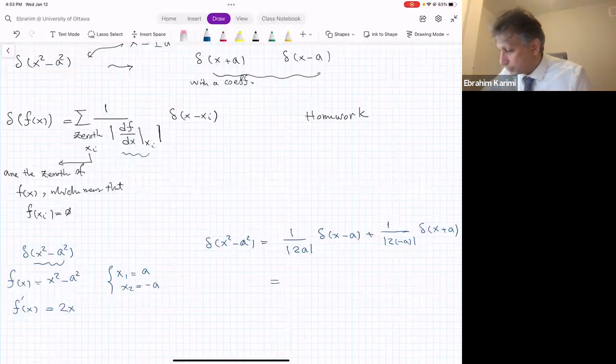So in general, that will be 1 divided by 2a, times delta of x minus a plus delta of x plus a.